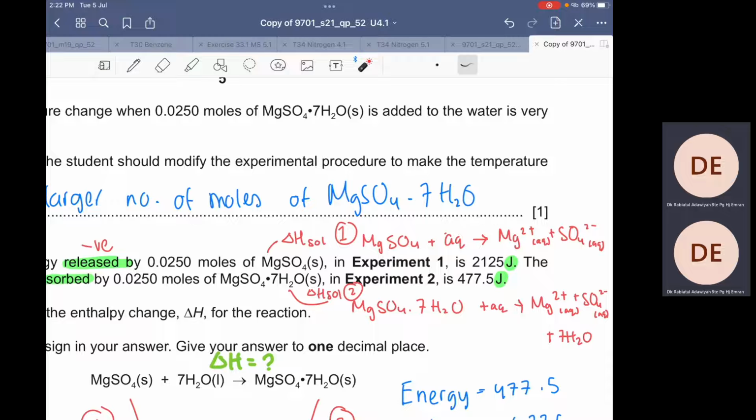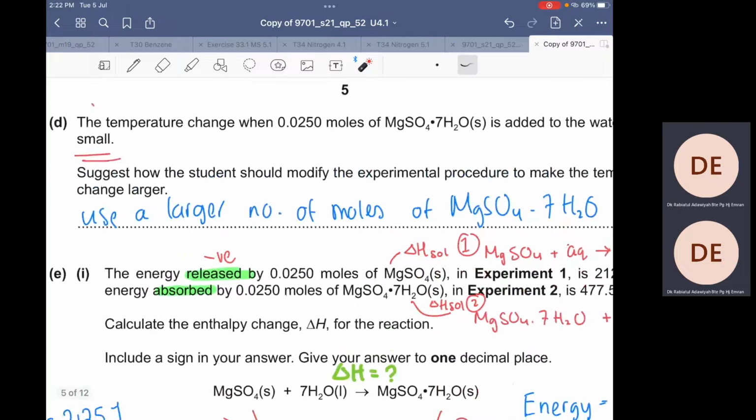Not even the enthalpy change, but the energy is 2125 joules. You need to convert that to kilojoules per mole first. Okay, we'll do that in a bit. Energy absorbed by experiment 2. Absorbed means it's an endothermic process, positive, okay?